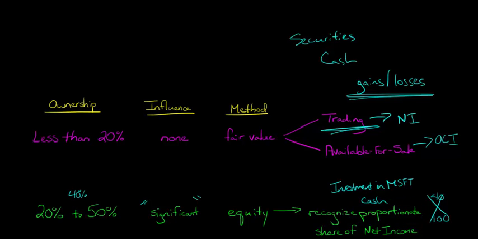So you're basically taking your proportionate share of Microsoft's net income. Whereas with the fair value method, whatever Microsoft's net income was, we didn't take a proportionate share of that. The only thing that was affecting us was unrealized gains or losses on Microsoft's stock. So as the stock price changed, we have unrealized gains or losses. Here, we're just saying we're going to take a proportionate share of Microsoft's net income.